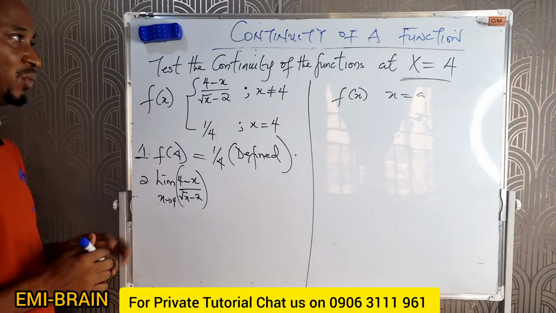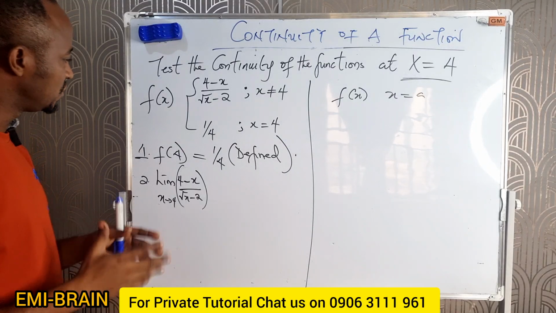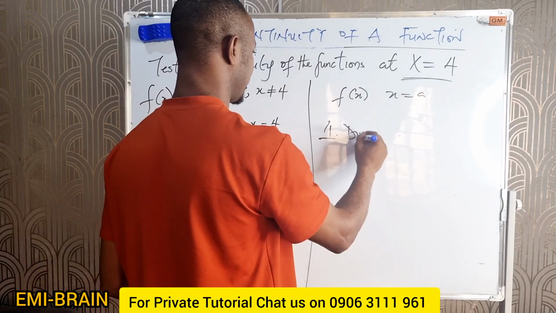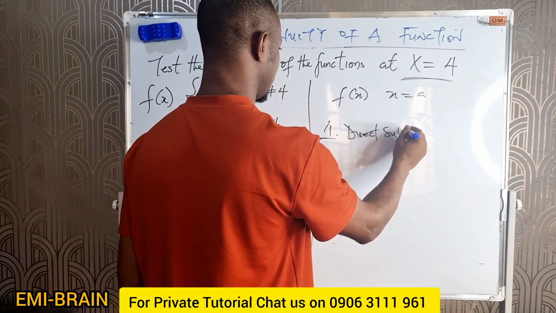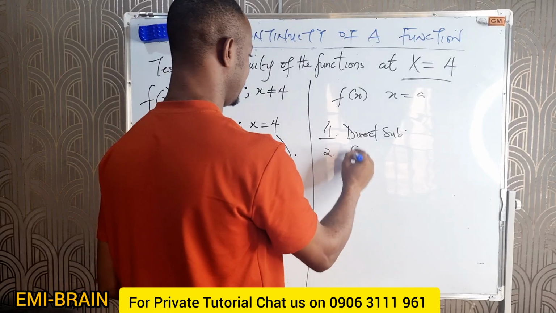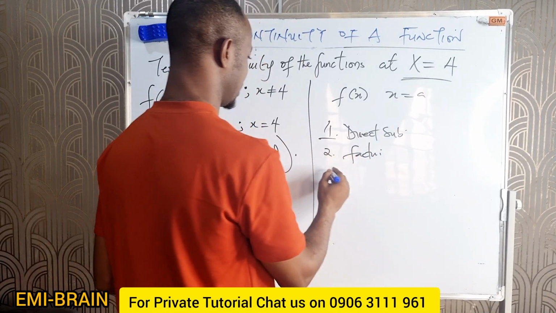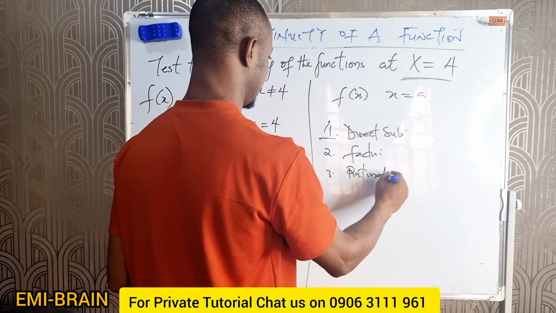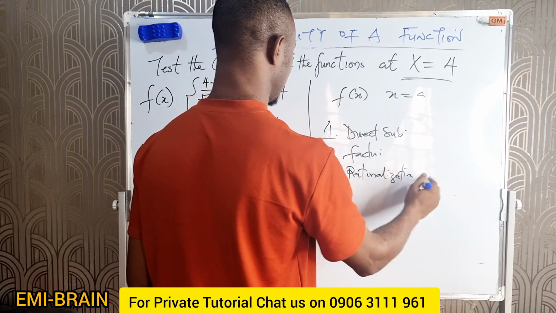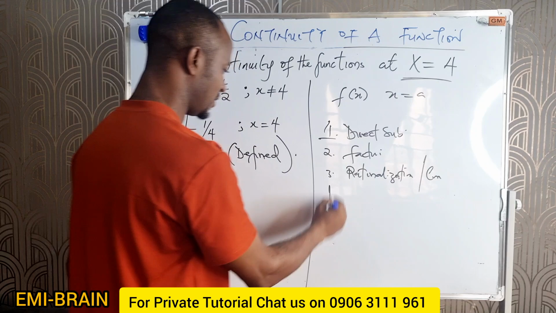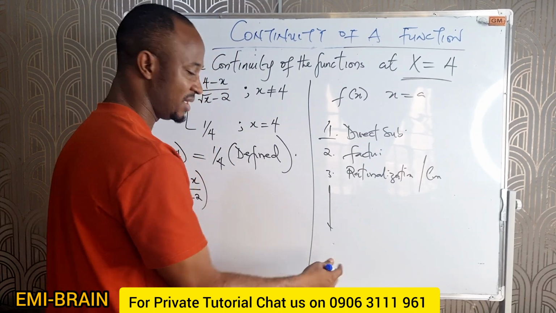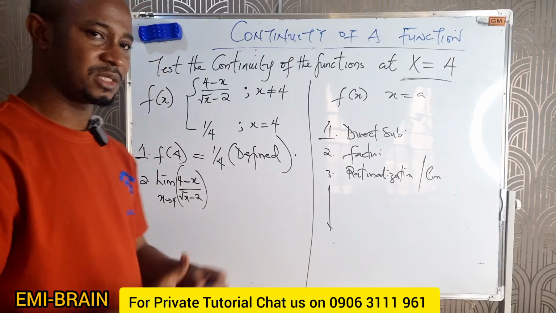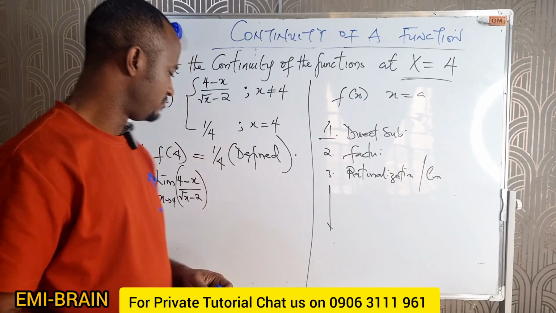We have different methods for finding the limit of a function: first, direct substitution; number 2, factorization; number 3, rationalization, also called the conjugate method. We have other methods down to limits at infinity, such as L'Hopital's rule and the series expansion method, also called Taylor's method.